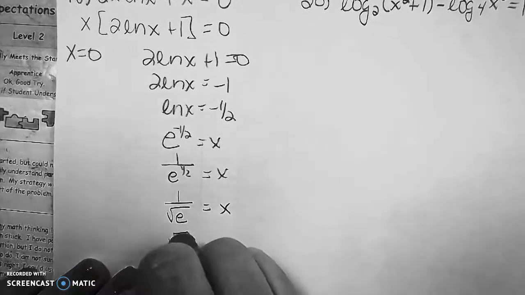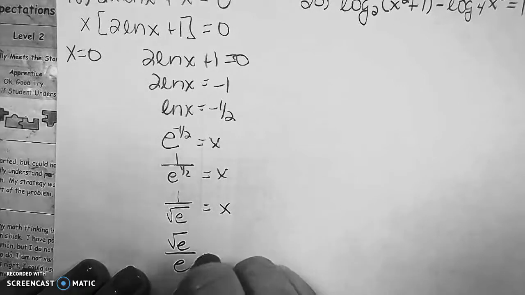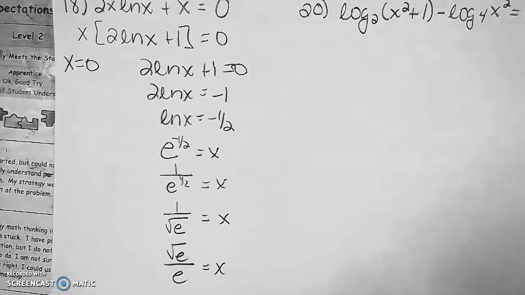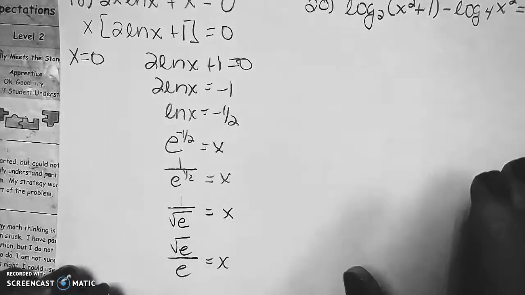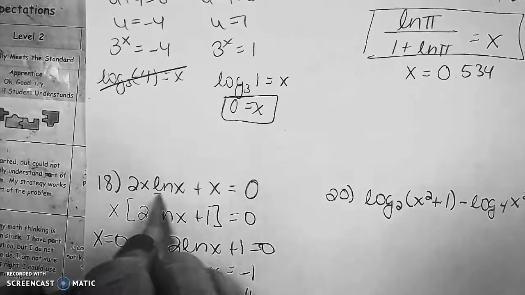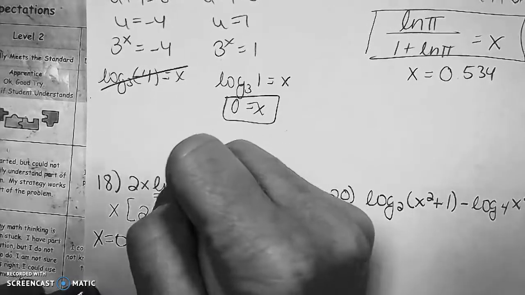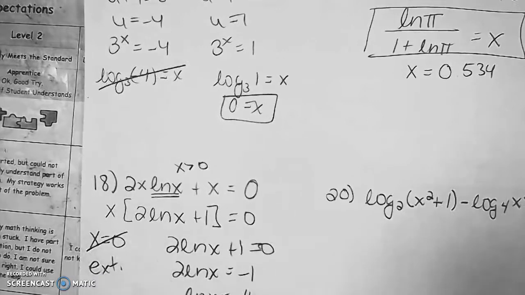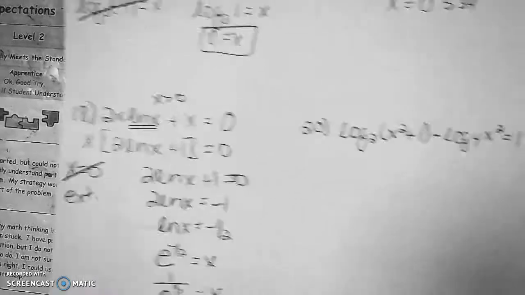You could even rationalize that and say square root of e over e equals x. I mean, all 4 of these are an equivalent number. So let's go back and make sure we don't have any domain restrictions. So my only thing I need to worry about is ln of x, and so that means x has to be greater than 0. So actually, we do have one extraneous solution.